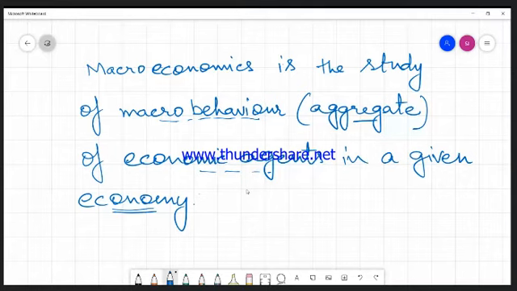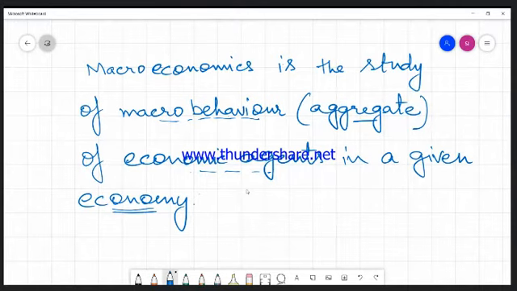In that particular economic system, we are trying to understand the economic behavior of all those who are participating in that economy, and they are known as economic agents. So macroeconomics is the study of aggregate behavior of economic agents in a given economy.